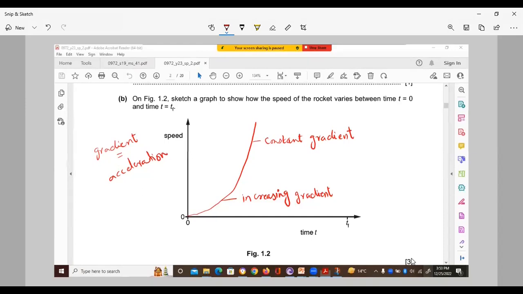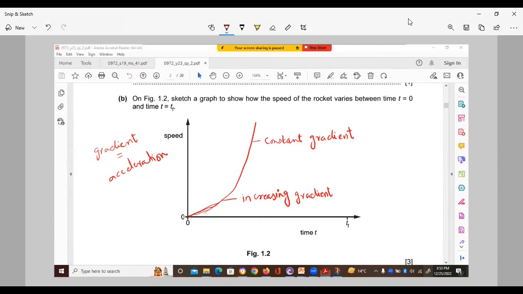The rocket starts its motion when the time is 0, so it will start from the origin O, right from here. It will be a curved line. This curved line shows the increasing gradient or increasing acceleration. Then this line becomes a straight line, and this represents the constant gradient. I hope it will be clear to you.